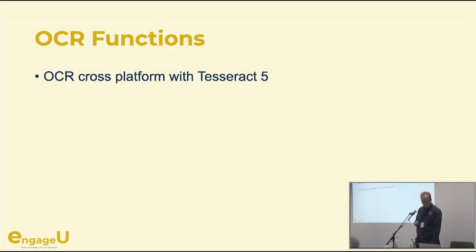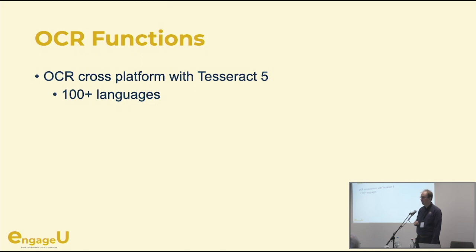So OCR functions. A lot of people have pictures from invoices and like to get some text. So we have 3 ways. We have the possibility to use a Tesseract engine, currently in version 5, with over 100 languages supported.